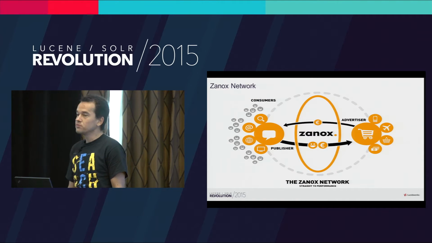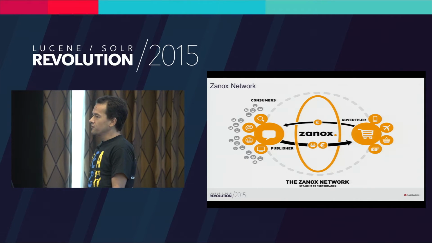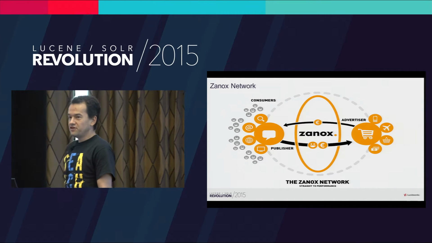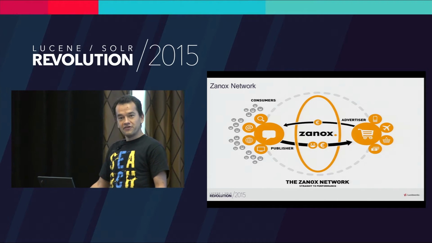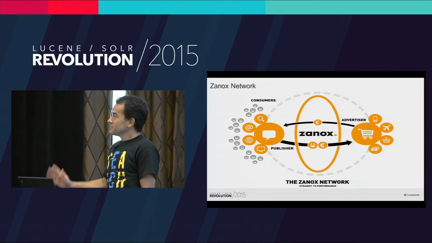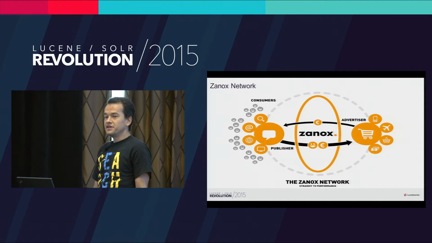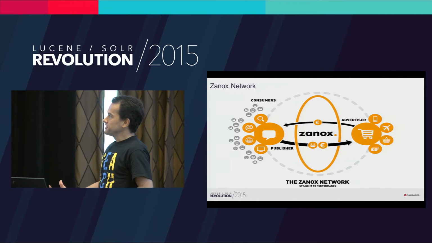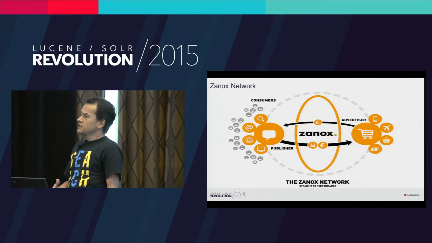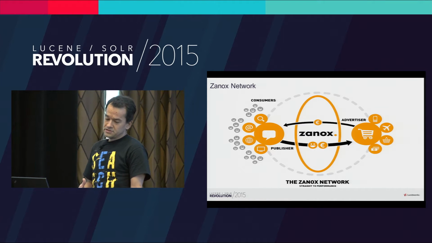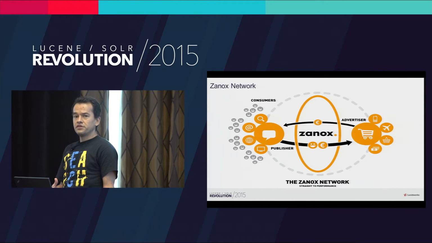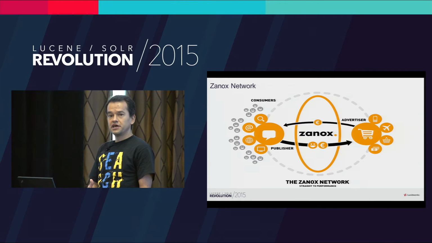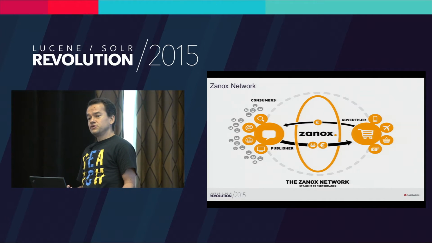Here is the slide about my company. I have to spend a couple of minutes because my company paid for this trip, and I'm so grateful. What about Zanox? Zanox is an affiliate marketing company that brings together publishers and advertisers. Publishers are the sites that have useful content, and because of that have visitors and want to monetize those visitors.